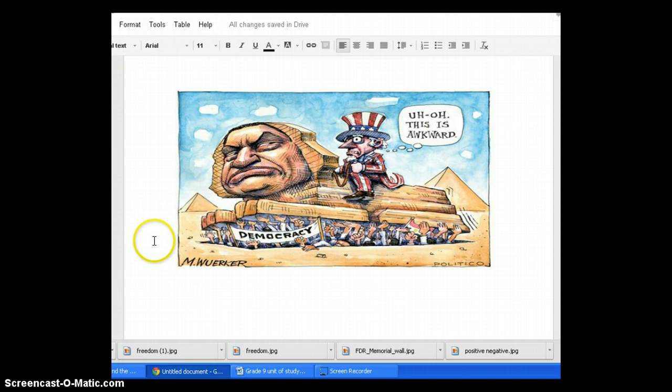So on the one side of the chart, I'm going to label it Observations of Concepts. And on the right-hand side, I am going to put down Images I Don't Understand.